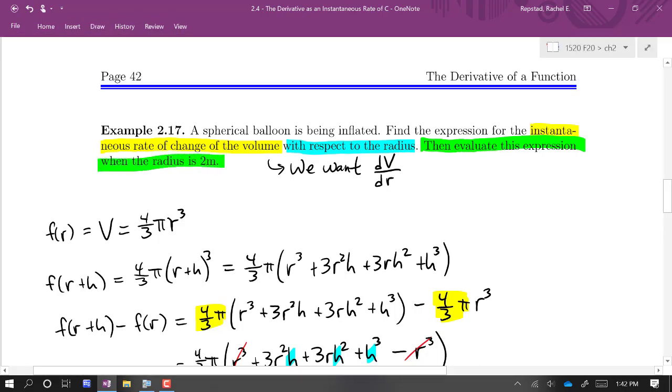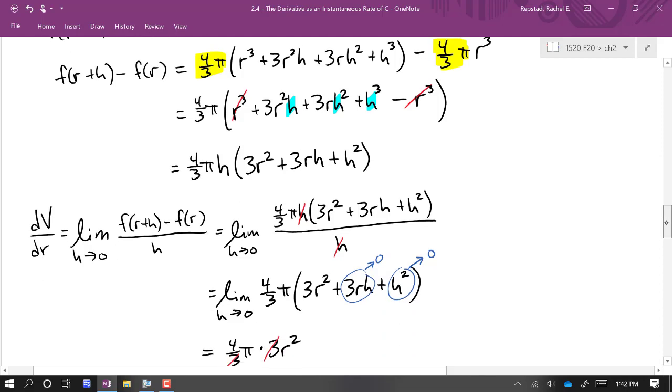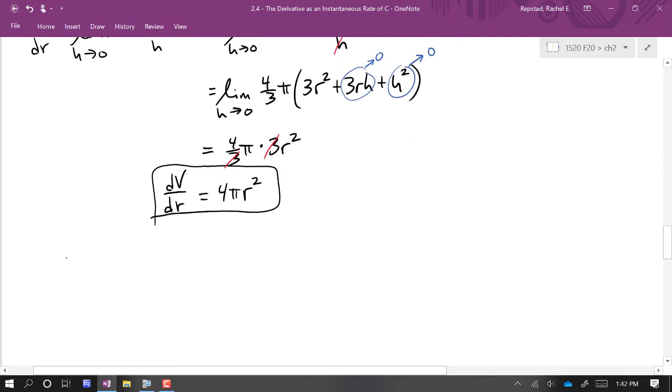So we still need to do that. So dV/dr when r is equal to 2 meters is equal to 4 pi times 2 squared. So 2 squared is 4, 16 pi.